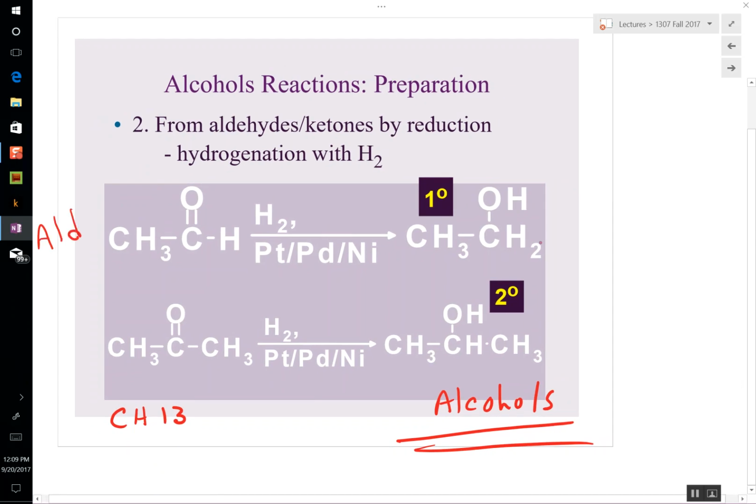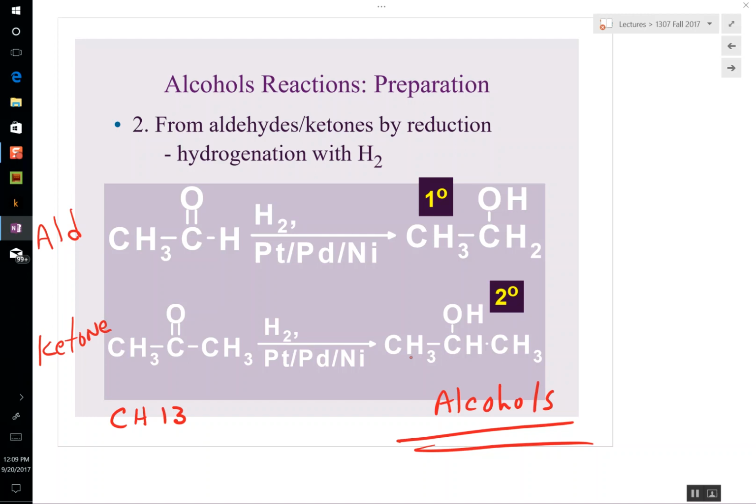You get a primary alcohol. This is a ketone, and what do you get? You get a secondary alcohol. So keep that in mind. And you cannot hydrogenate a tertiary alcohol because you can't add a hydrogen to it. Tertiary alcohol will not undergo hydrogenation.